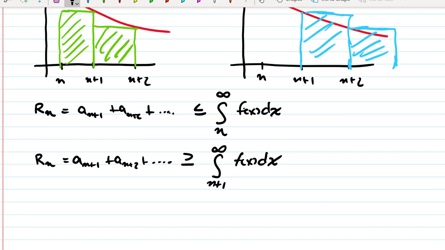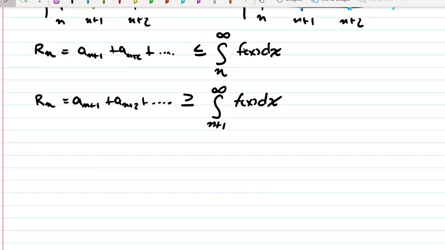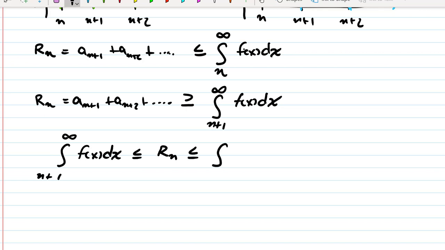Combining these facts together, we then have that the integral from n plus 1 to infinity of f of x dx is less than or equal to the remainder of the series, which is less than or equal to the integral from n to infinity of f of x dx.